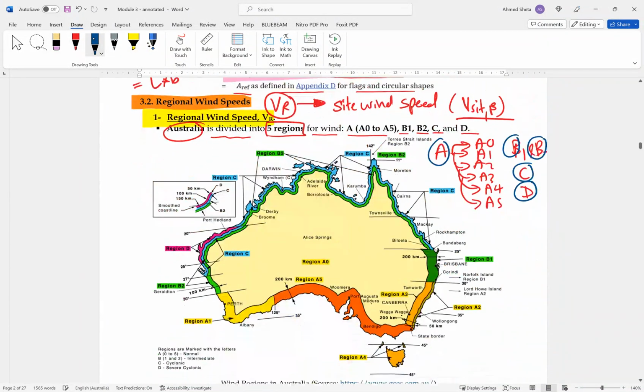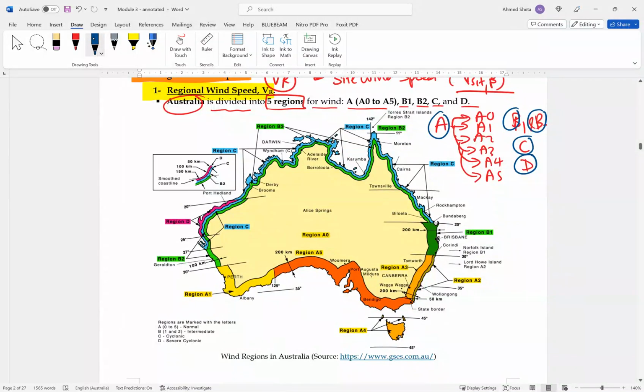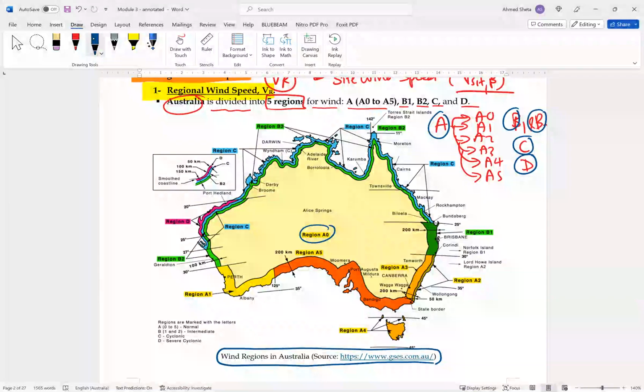These regions are shown here in colors, from this source. For example, if we are in this area, the light yellow region, this is region A0, which is a little bit far from the coast. Here, this area you can see A1.